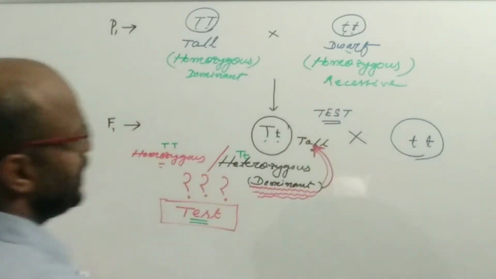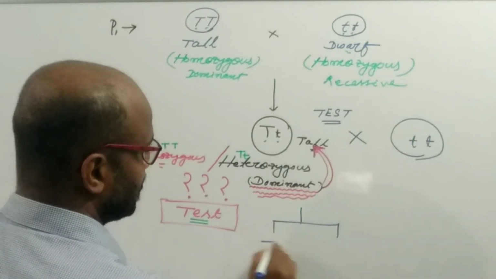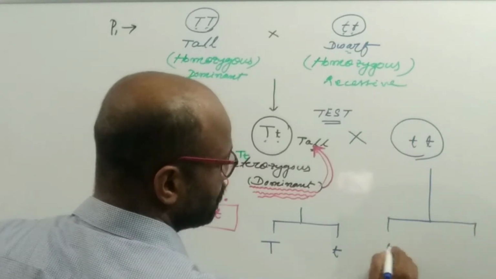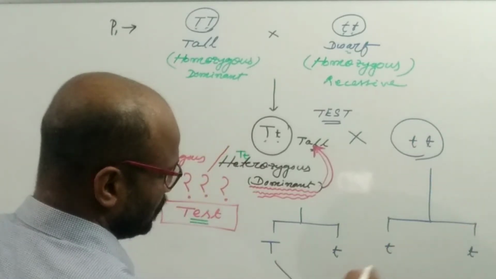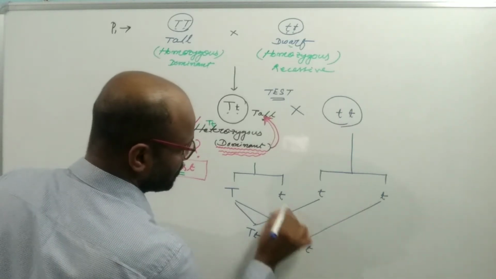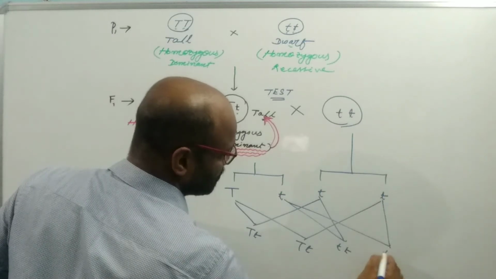Here the gametes are capital T, small t, and for the other parent small t, small t.